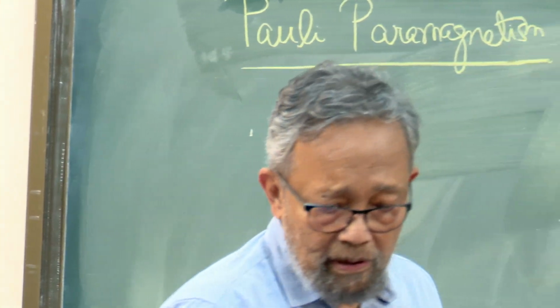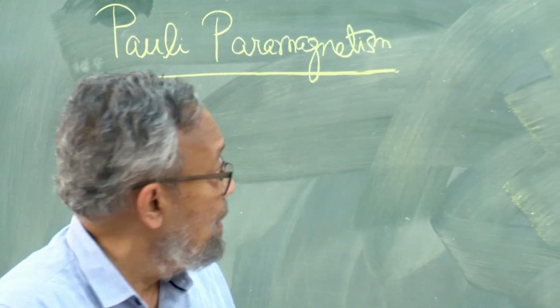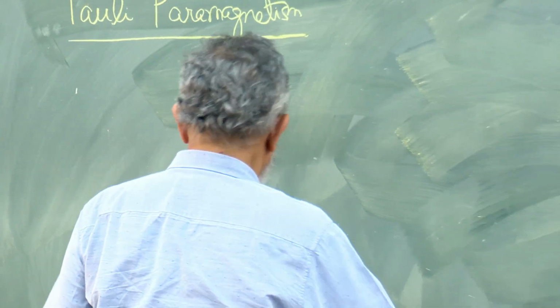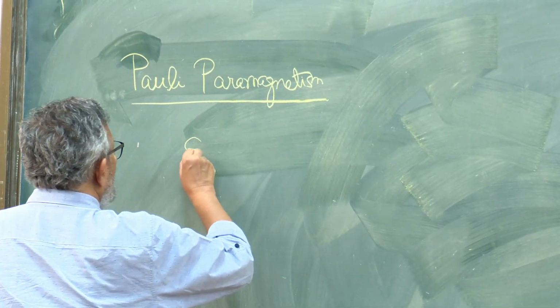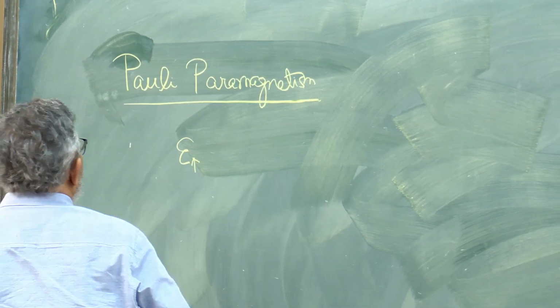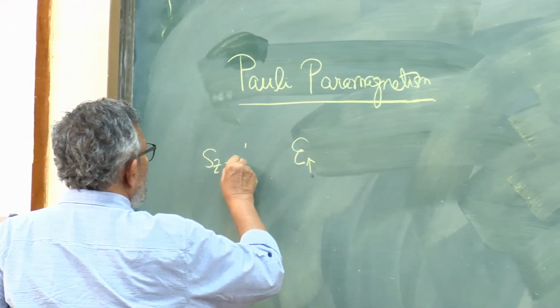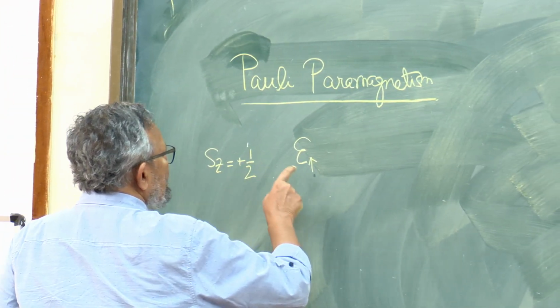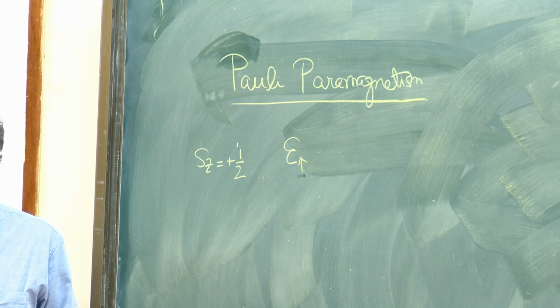So here, let me write E up. Up basically means Sz equals plus a half, I'll denote it by up. And Sz equals minus a half, I'll denote it by down.